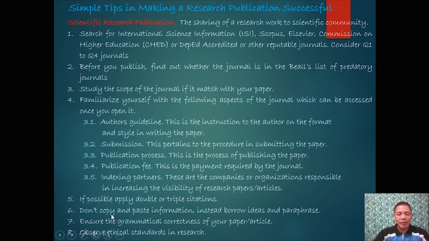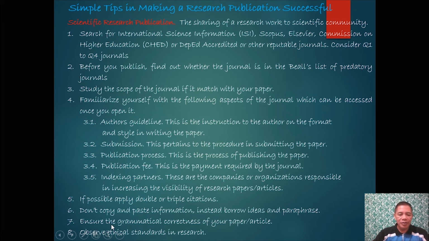Tip number 6. Don't copy and paste information in your paper. Instead, borrow ideas and paraphrase. If it cannot be avoided that you copy the information, apply the direct quotation. But I suggest to paraphrase ideas, particularly if you will be publishing your paper in printed journals.